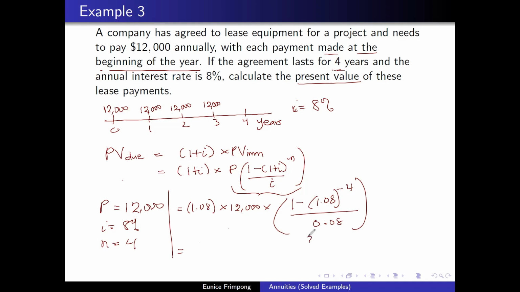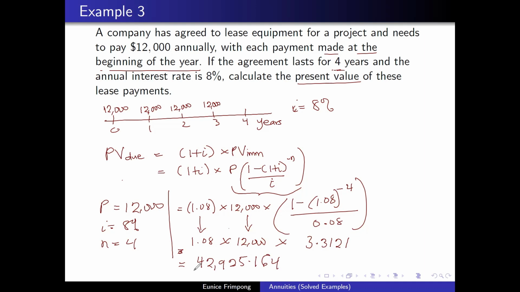And this is giving me 3.3121 times 12,000 times 1.08. So finally, I have 3.3121 times 12,000 times 1.08, and that is giving me 42,925.164.